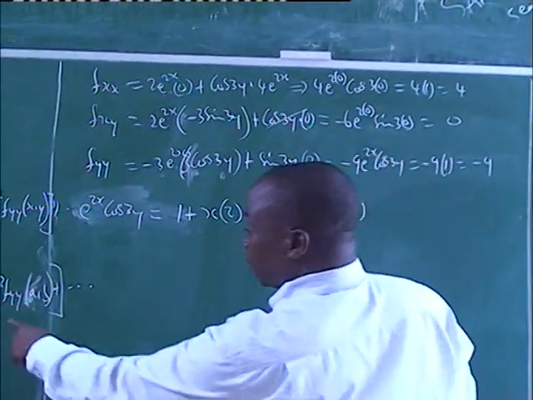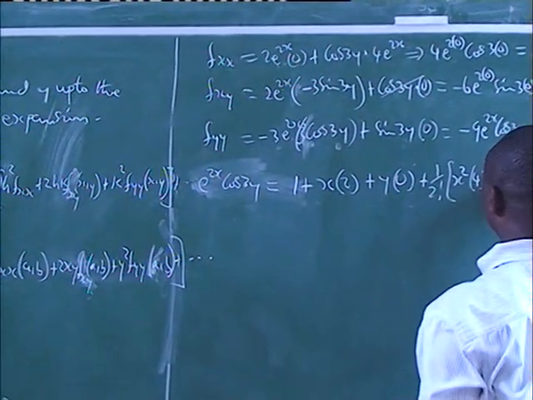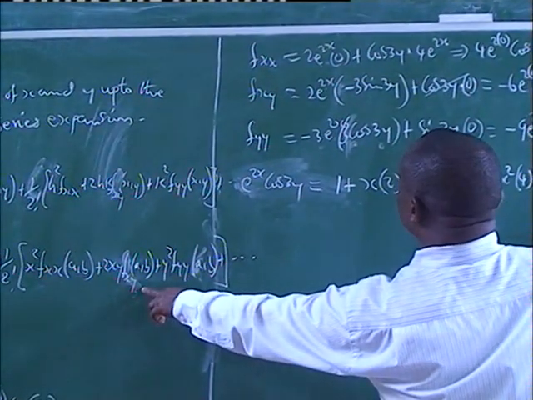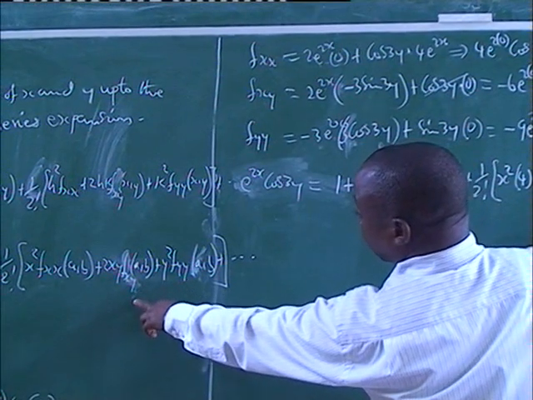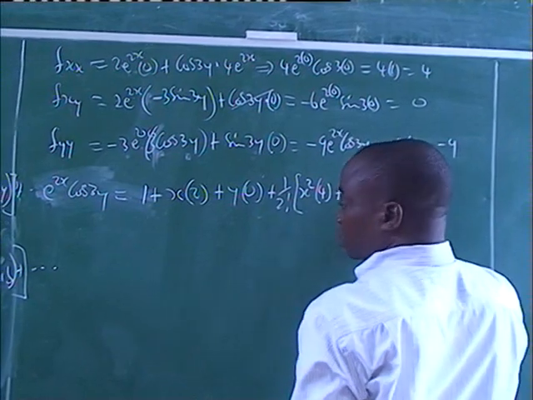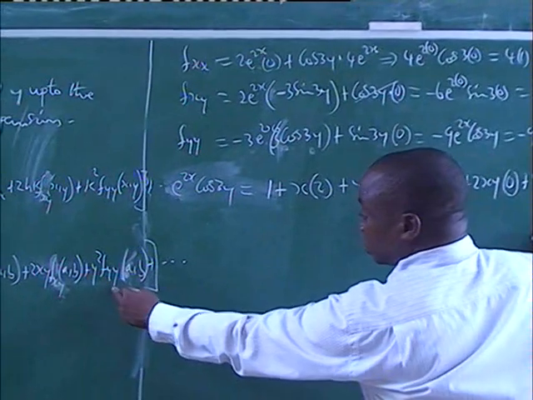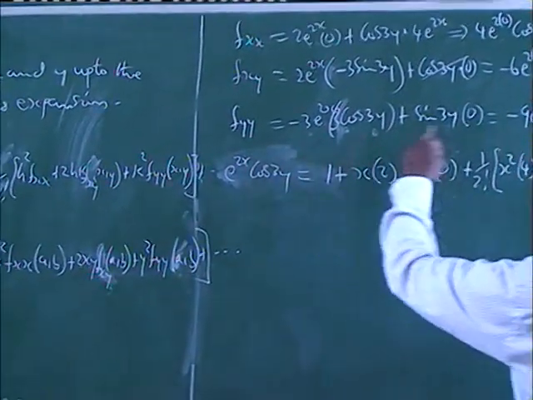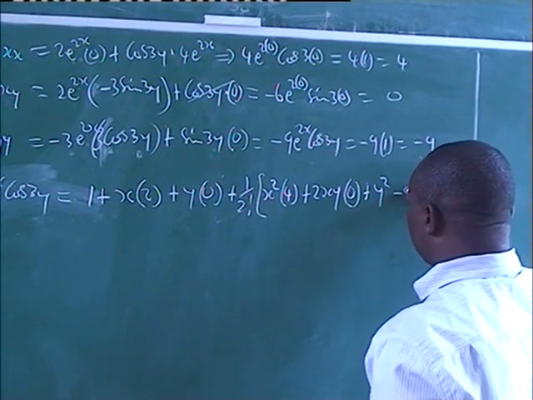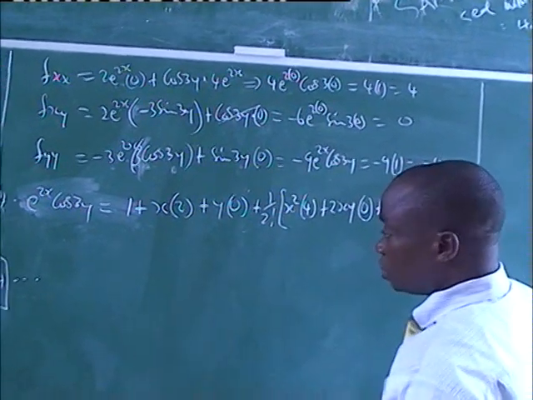Alright. Then the next one is 2xy at this point, that is a cross partial, which was 0, plus y squared, and then we have the second derivative of f with respect to y, which is minus 9.